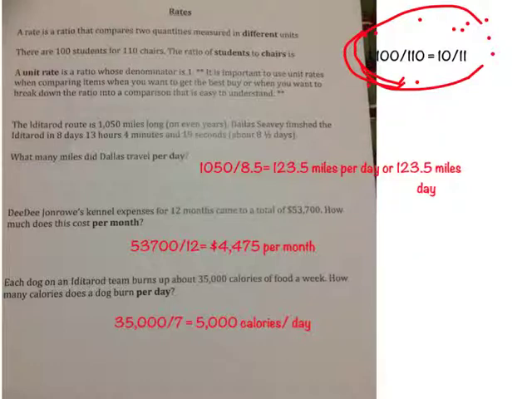How many miles did Dallas travel per day? So per day there. So we're going to take 1,050 and we're going to divide it by 8.5. And using your calculator, you're going to get approximately 123.5 miles per day. And that "per" is also that fraction bar, 123 miles per day.